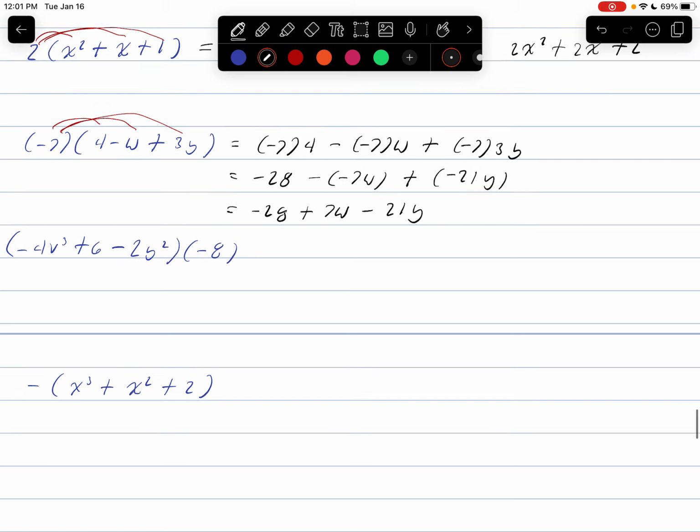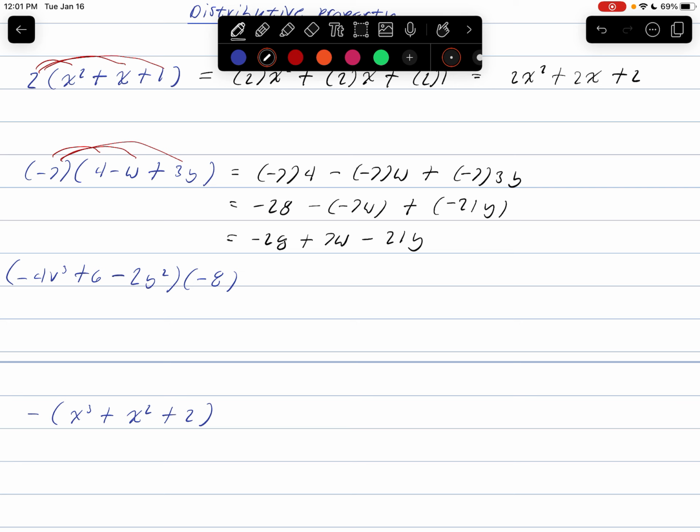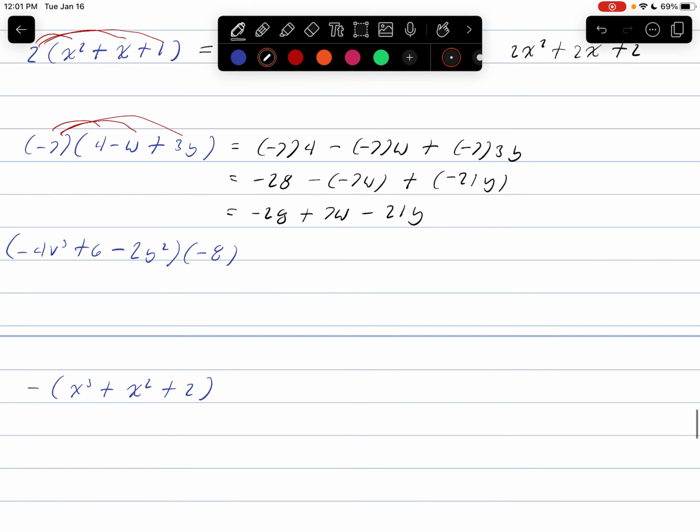Okay, so in the previous 2 examples, we went from the left to the right. It also works going from the right to the left. So here we have the whole expression, -4v to the third plus 6 minus 2y squared, all times -8. So nothing really changes here. It's just that now we're coming at it from the right. We're going to distribute this -8 to each of these terms individually.